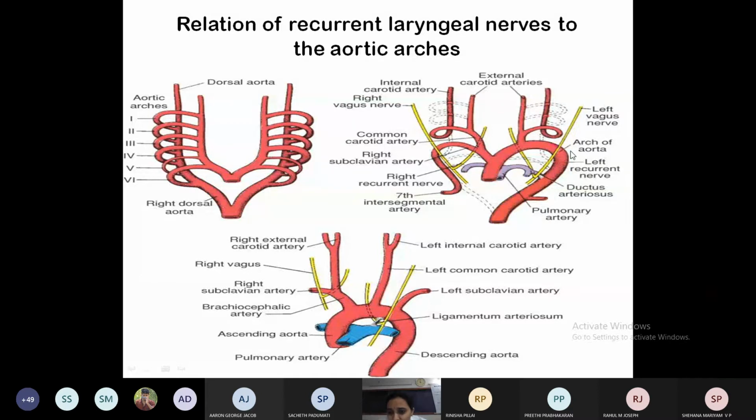Even though you will understand this more with the branchial apparatus, the recurrent laryngeal nerve is actually a part of the branchial apparatus. By now you remember only this much: the right recurrent laryngeal nerve winds around the right subclavian artery, whereas the left recurrent laryngeal nerve winds around the ductus arteriosus or ligamentum arteriosum.